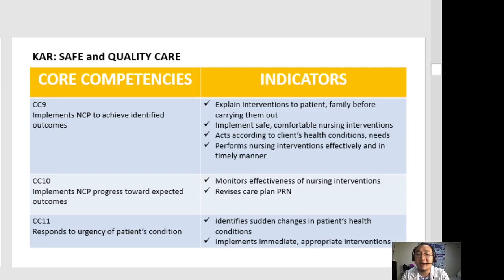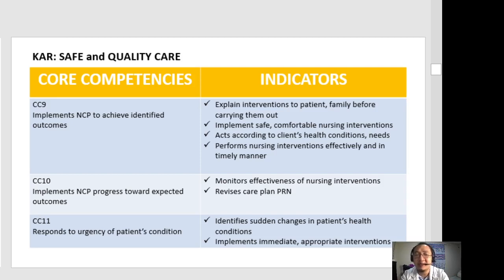Act according to the client's health conditions and needs. Again, it's always based on the status of the client, not on your preference, not on your comfort as the one implementing the actions. Although it can be possible, you should prioritize things. Perform nursing interventions effectively and in a timely manner.